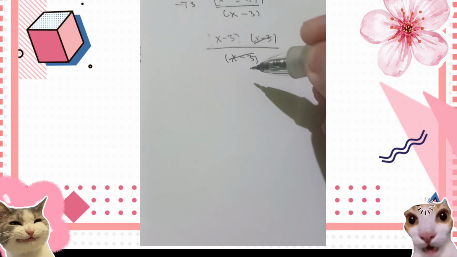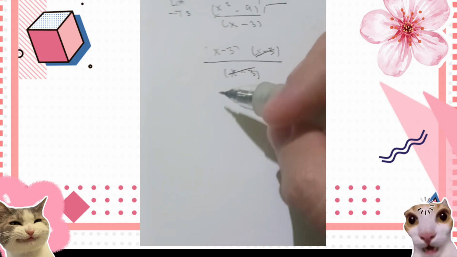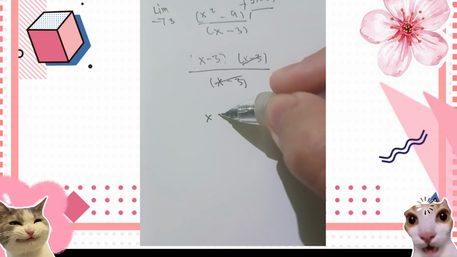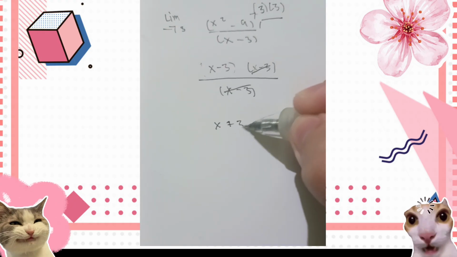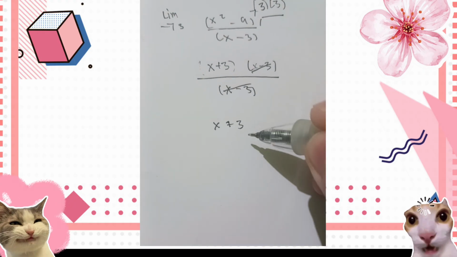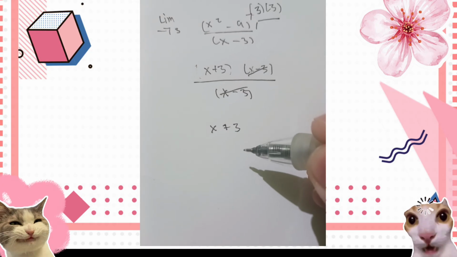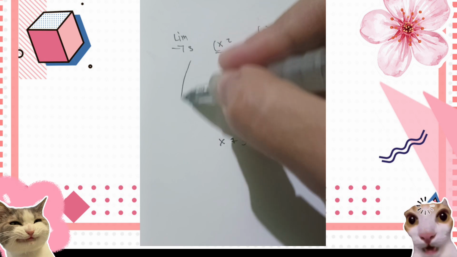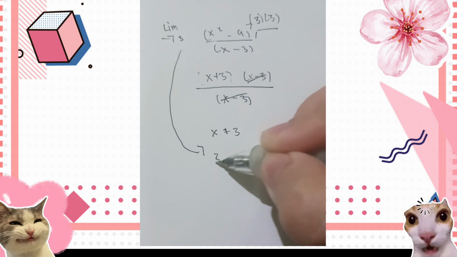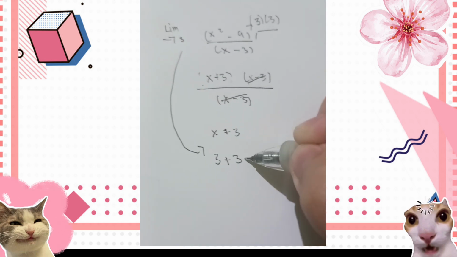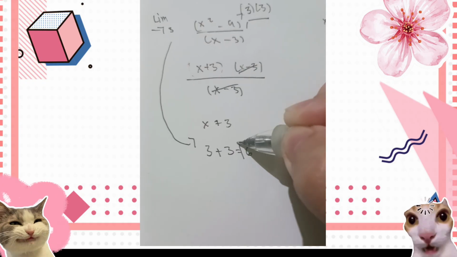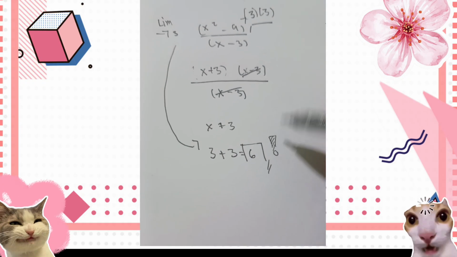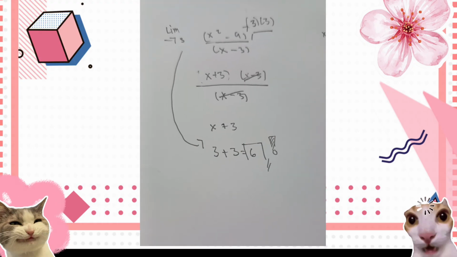We are left with x plus 3. Now substitute 3. So we get 3 plus 3 equals 6. The final answer is 6. Factoring removes the removable discontinuity.